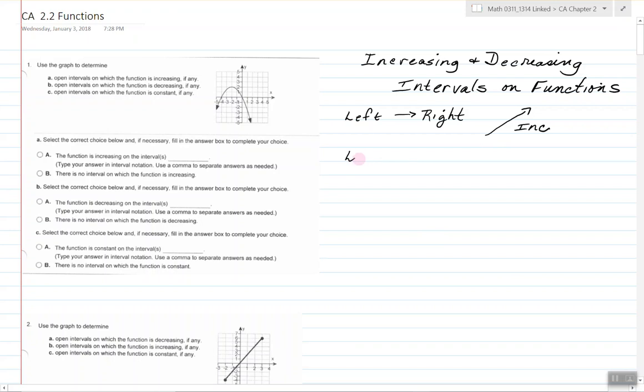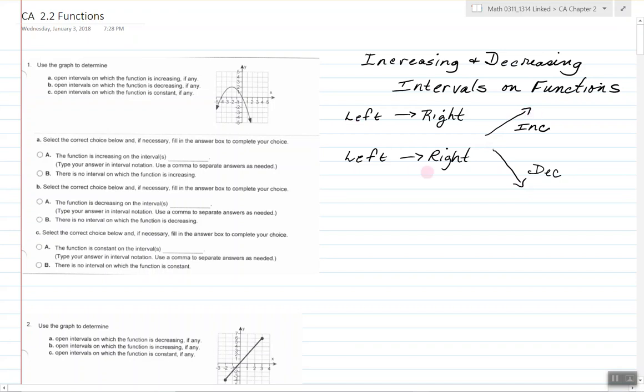If instead, as you examine it from left to right, the curve is going down, then it is decreasing. So what you have to look at is at what point does it change and begin to go down, or change and begin to go up.